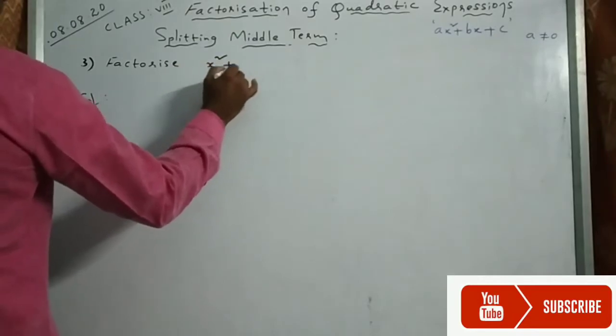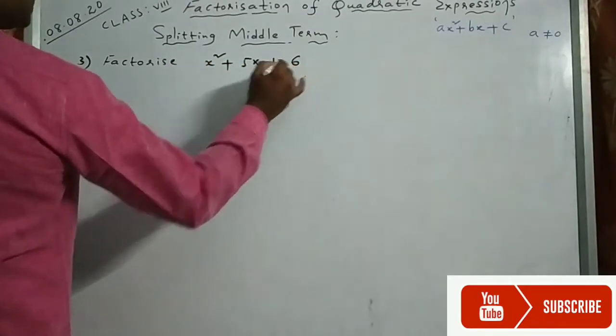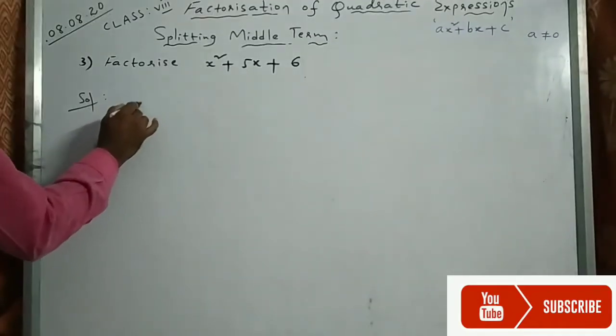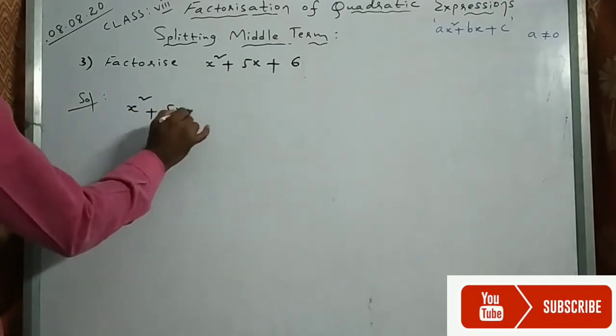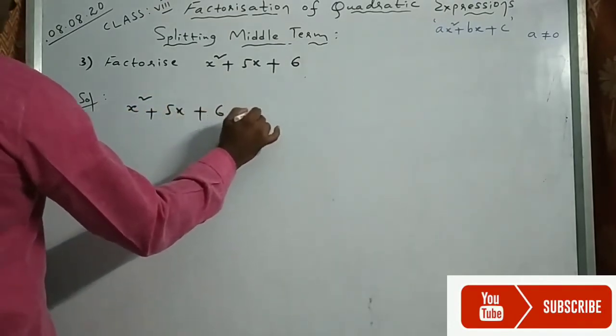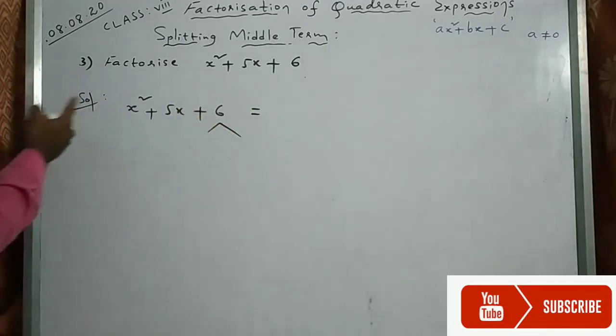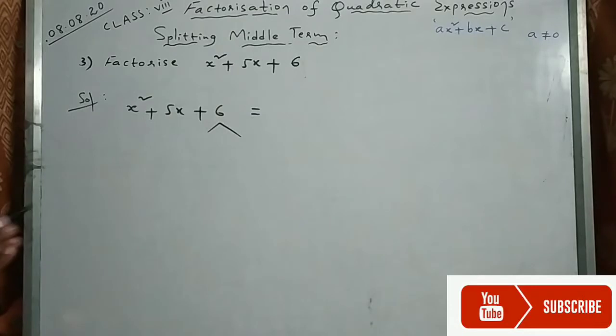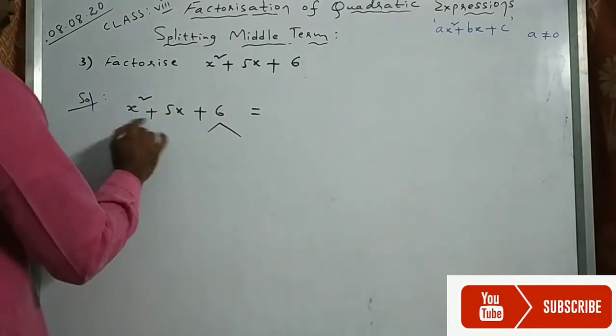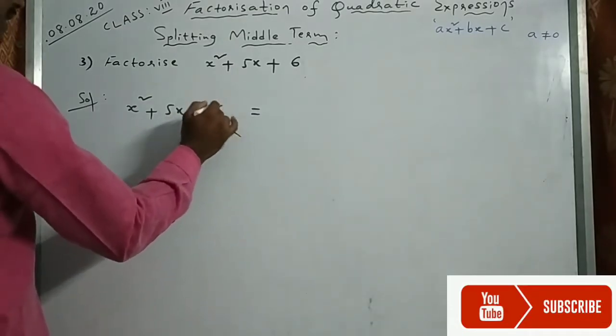X square plus 5x plus 6. Let us see this. X square plus 5x plus 6. What are the factors of 6 here? Here coefficient of x square is 1. So there is no problem here. So what are the factors of 6 here?